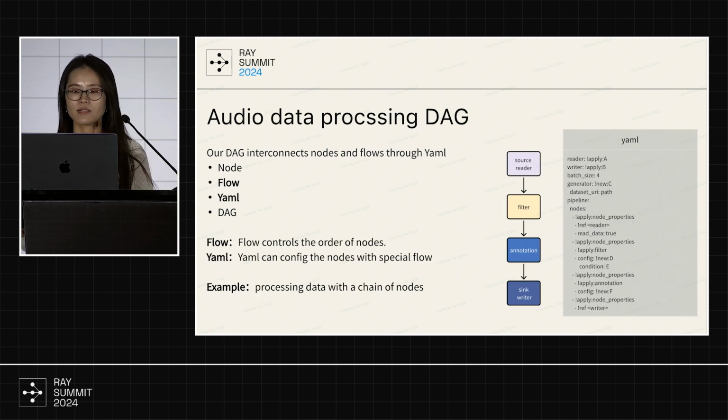The second concept is flow. A flow is defined as a data or control transfer relationship between nodes, and is a directed connection. A node can have multiple input flows or output flows. Our DAG is defined by nodes and flows and assembled through YAML, so it's efficient for us.